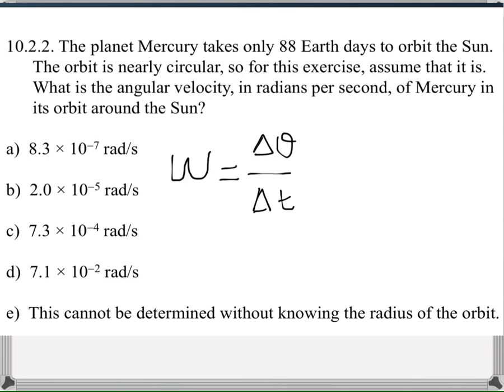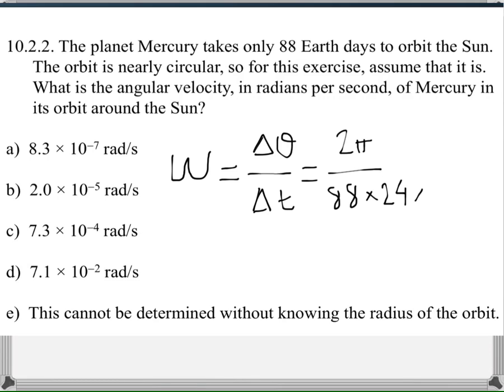What about delta theta? If Mercury makes one complete rotation around the Sun, what is the angular displacement in terms of radians? 2 pi. And you will divide it by, since you have to find this velocity in radians per second, you have to convert 88 days to seconds. 1 day is 24 hours, right?